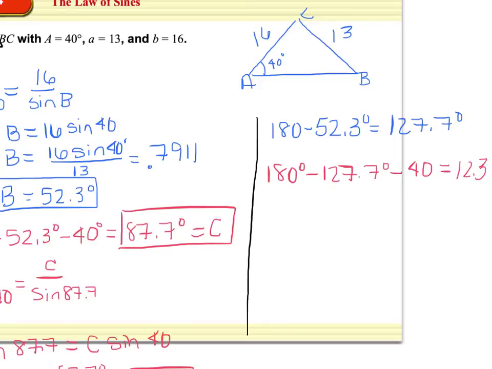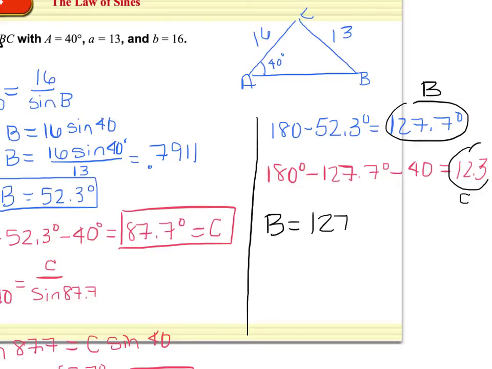So now the 127.7 degrees is my angle B, and the 12.3 degrees is my new angle C. So we'll say B is 127.7 degrees, and angle C is equal to 12.3 degrees.